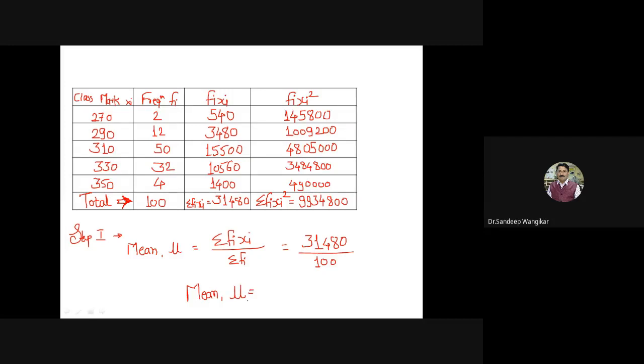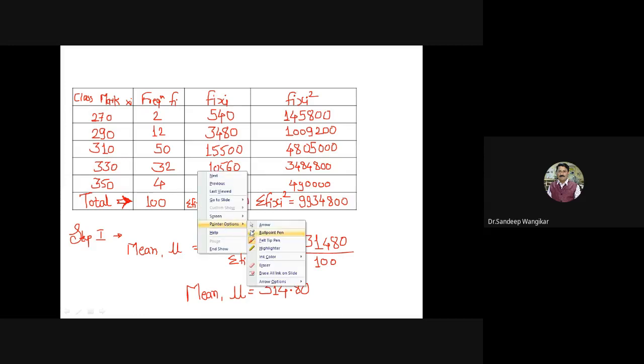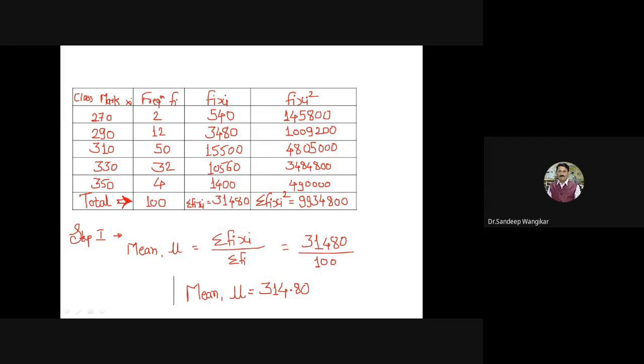No calculator is required. You can give the unit also, whatever these are, the ultimate tensile strength in Newton per mm square. So you can give the unit as Newton per mm square, no problem. I will highlight the answer. This is the mean.